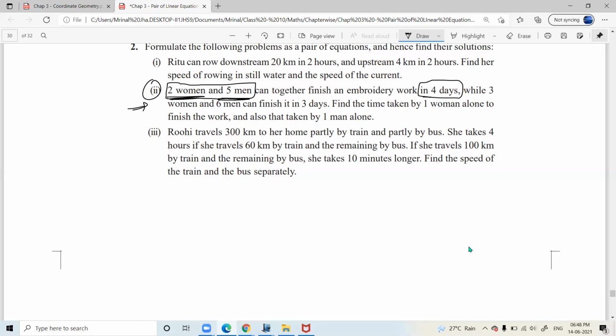And then they have given a similar situation where 3 women and 6 men can complete it in 3 days. Using this, we should be able to figure out whatever question they give after that. Here they're asking us to find the time taken by one woman alone to complete the work, and also that taken by 1 man alone.